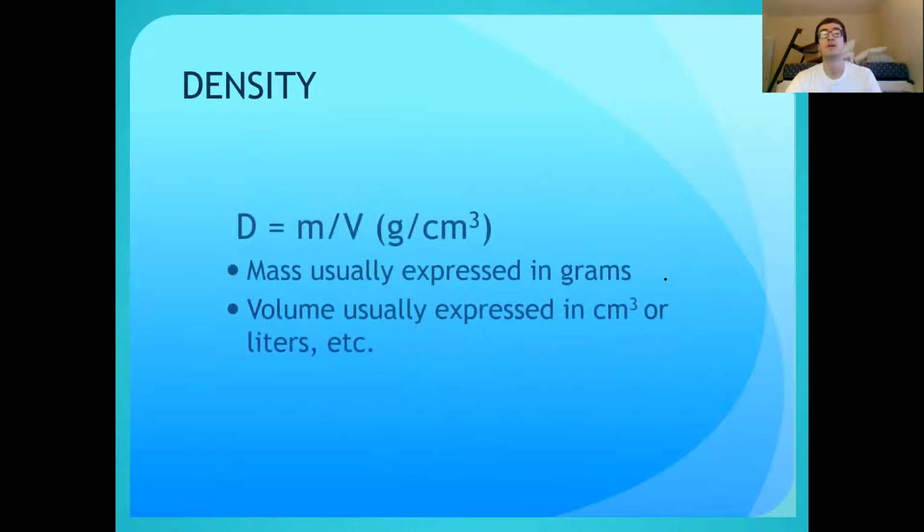So the formula that gives us density is this guy right here. Density equals the mass divided by the volume. However much it weighs divided by how much space that it takes up.